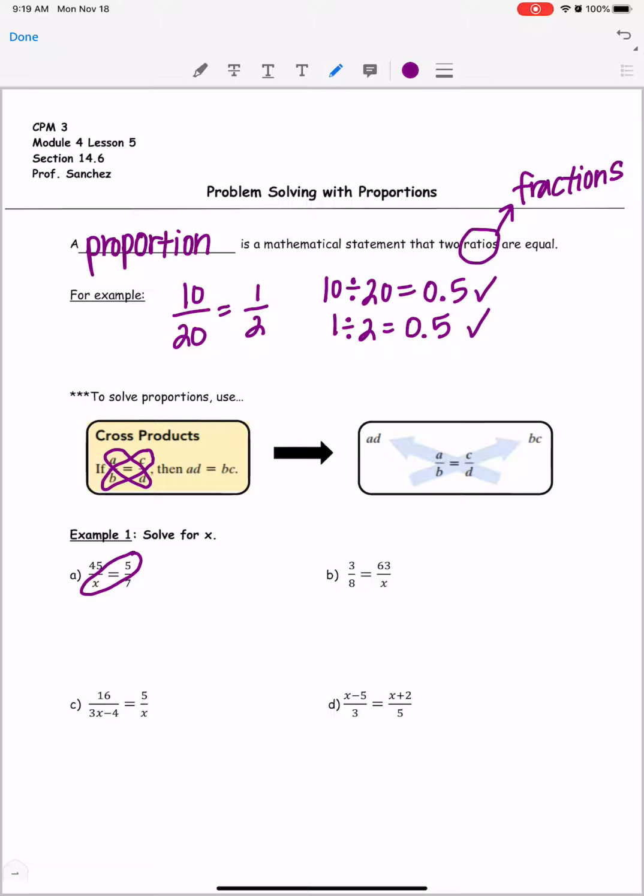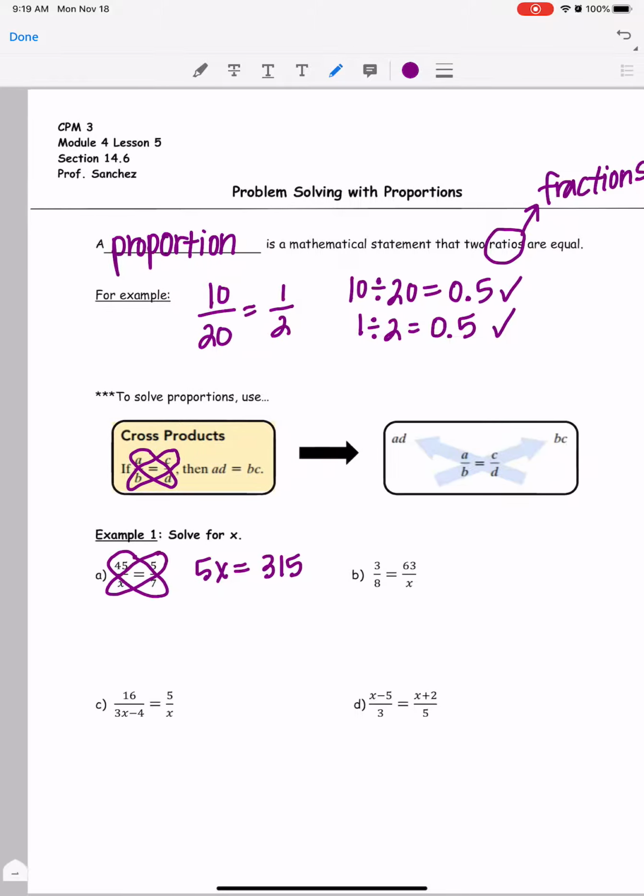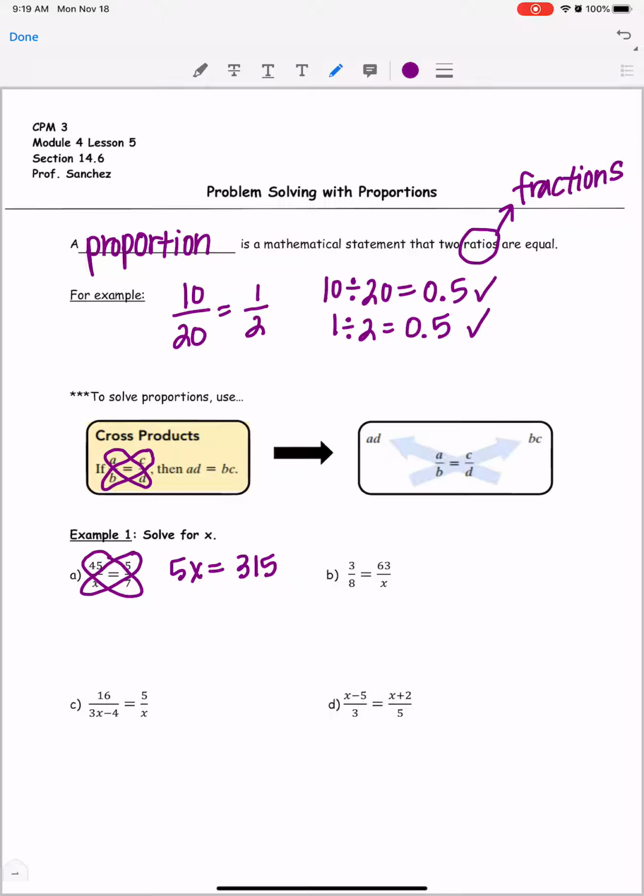So 5 times x is 5x, equals, cross multiply this way, 45 times 7 gives me 315. Now you just solve. Now you have an equation. So divide both sides by 5. And we get x equals 63.